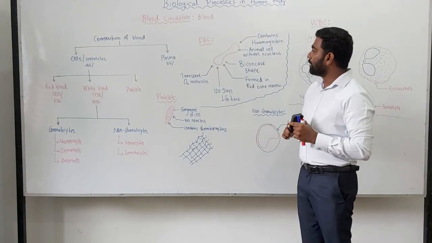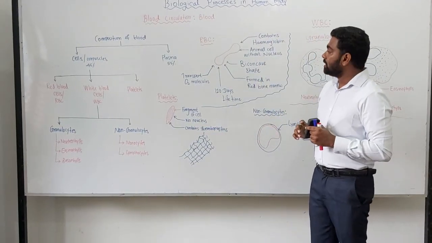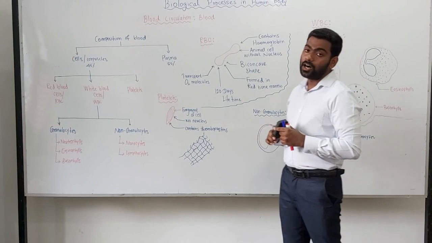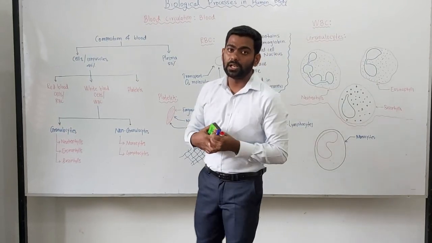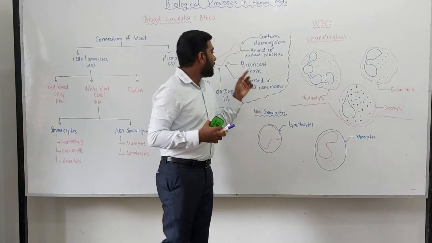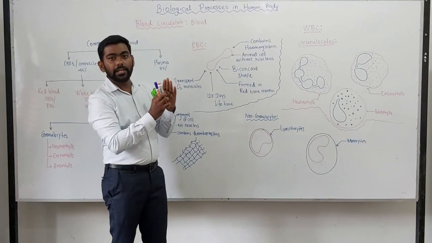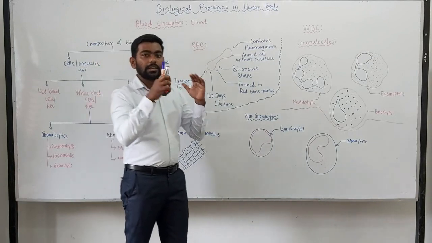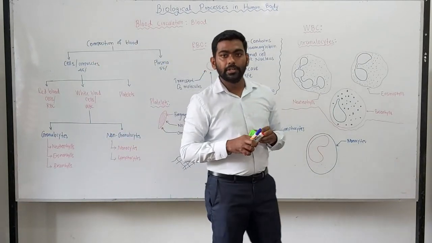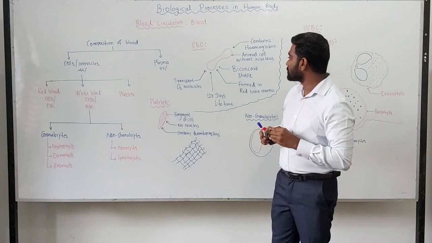Because of the very special structure of RBCs, we call it a biconcave structure. The middle part is flattened and narrow, and the edges are a little swollen. So, biconcave structure, which you can see in the cross section.